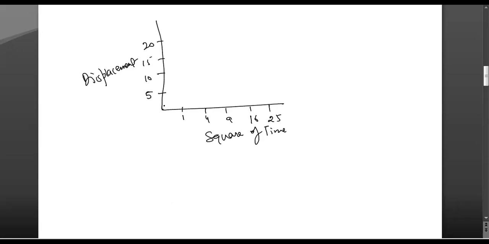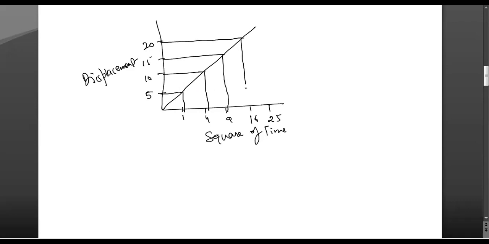So the object covers 5 meters in 1 second, then another 5 meters in 4 seconds, another 5 meters in 9 seconds, another 5 meters in 16 seconds, and another 5 meters in 25 seconds. So its speed is decreasing constantly.